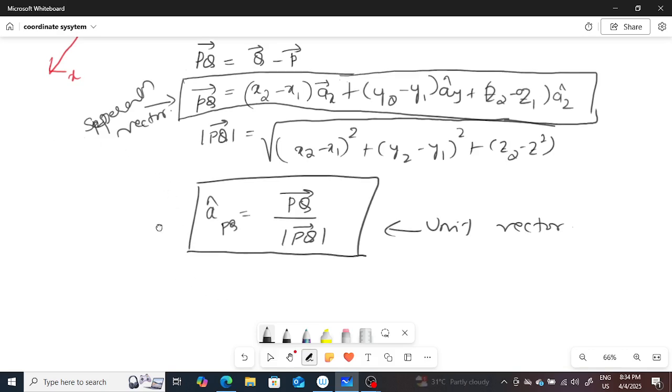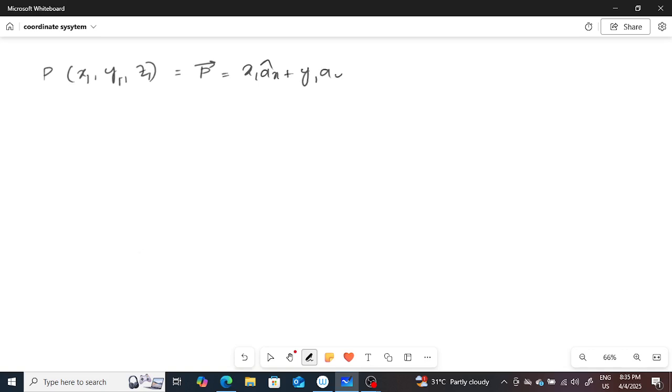Hope this is clear. Let me brief all the formulae first. Let me take the vector P. If point P is defined in x, y, z as x1, y1, z1, then vector P can be written as x1 ax plus y1 ay plus z1 az.